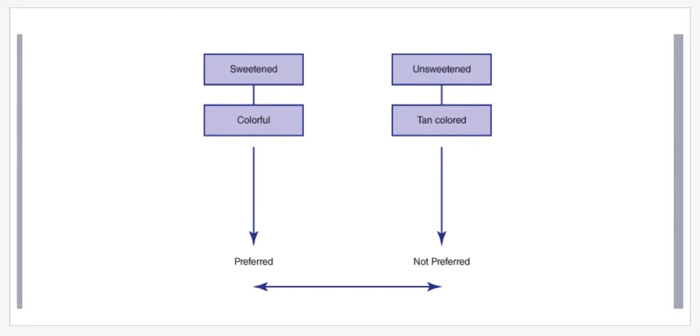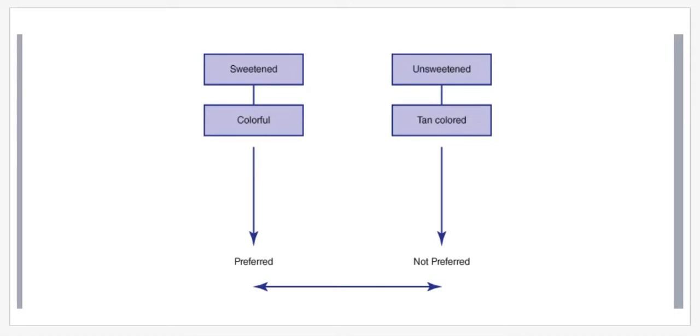Now, that is assuming your hypothesis was about sweetness, but your book points out the color becomes the third variable, or the extraneous variable, or the confounding variable in this example, because you were looking at sweetness, the taste, and so that was your independent variable.